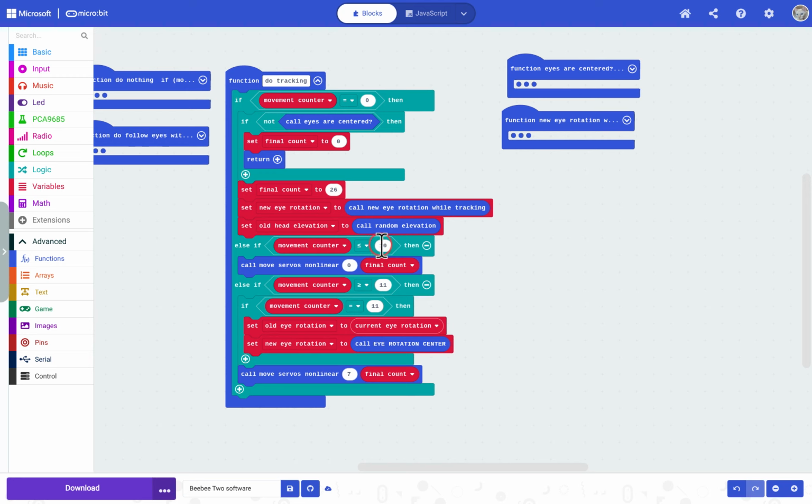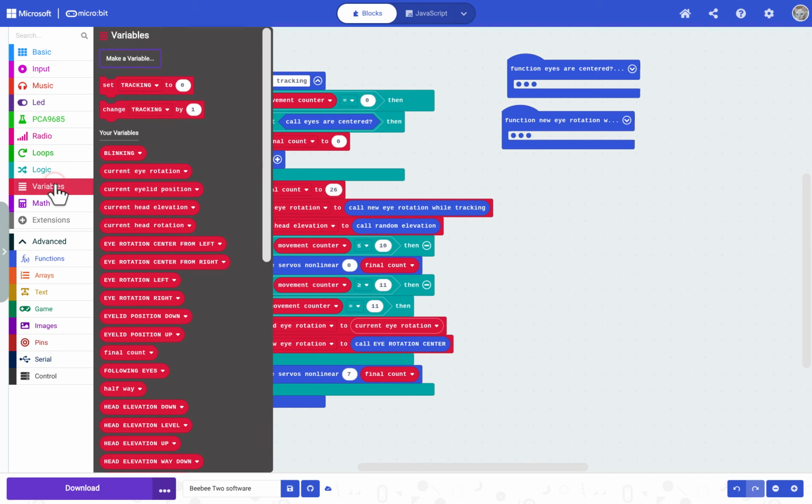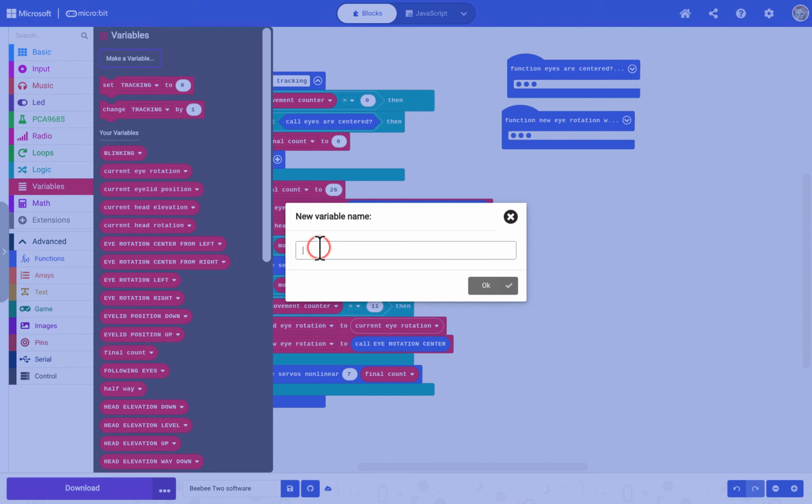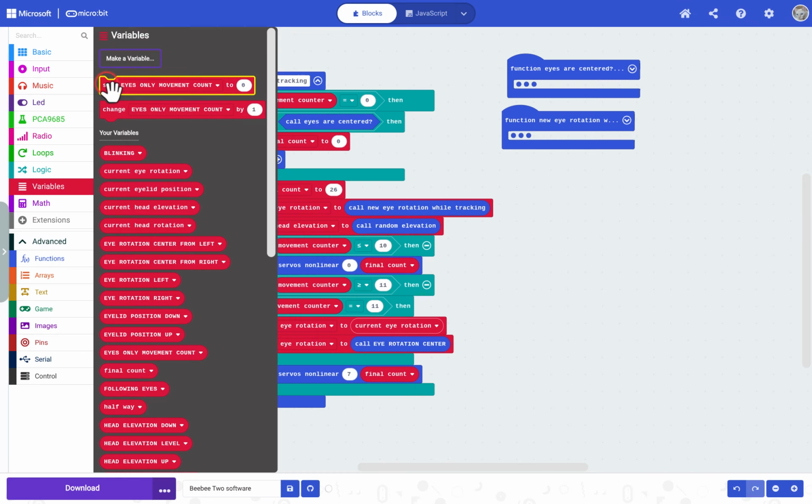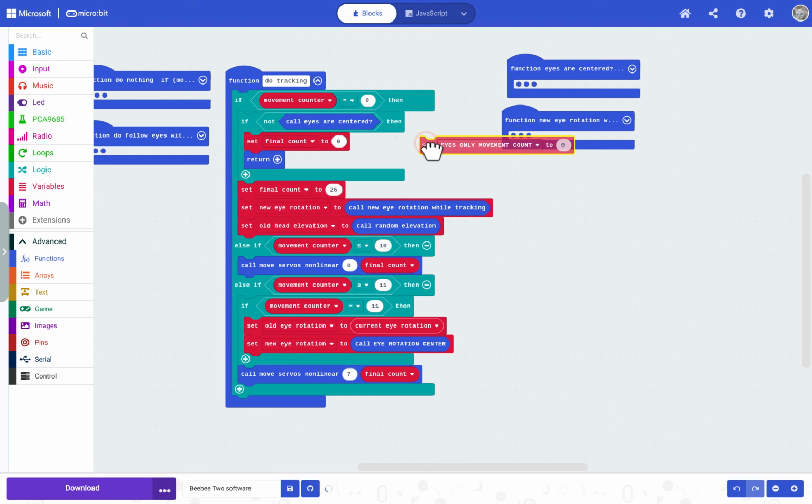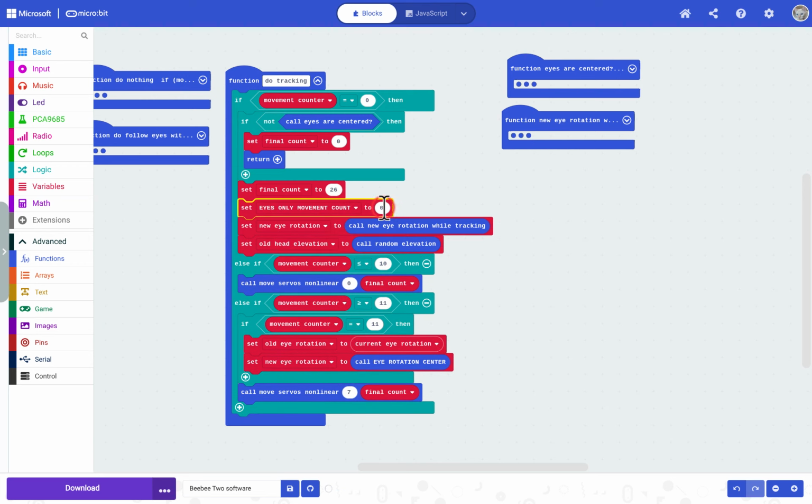Now, I want to get rid of this particular number here by creating a variable for it. The variable is going to be EYES_ONLY_MOVEMENT_COUNT, and it's uppercase because it's a constant.